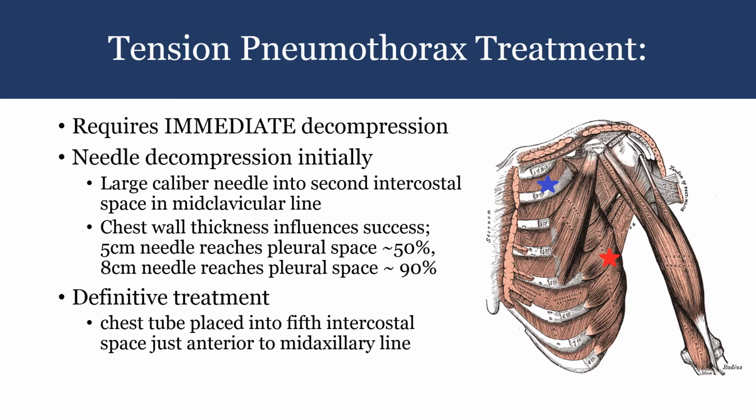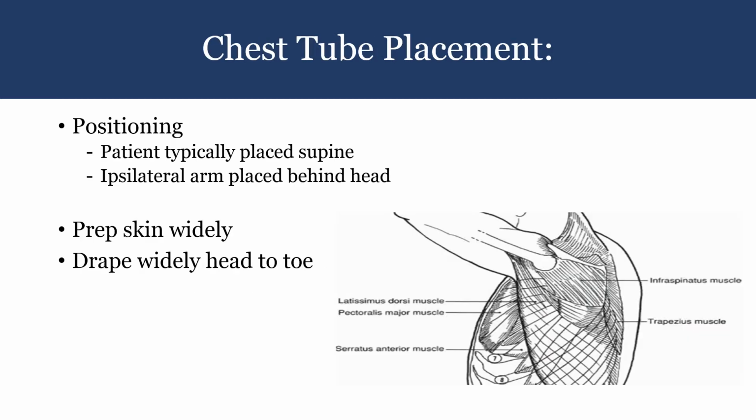Of course, definitely our preferred would be the posterior axillary line, but nothing will be a problem. So the best is just slightly anterior to the mid axillary line, where you see the red star. And so that's where we're going to place our chest tube for our definitive treatment of tension pneumothorax.